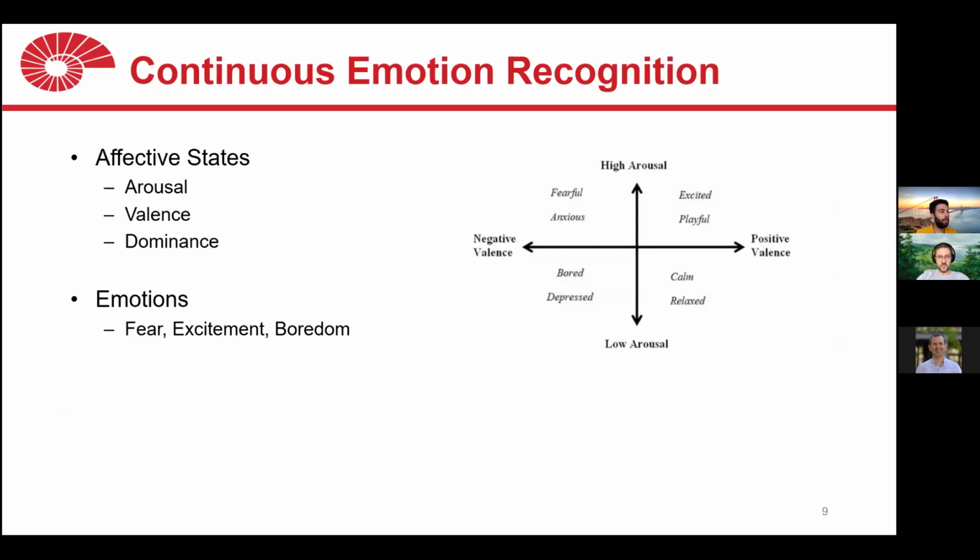In this work, we consider only arousal and valence, and on the right, I depicted how emotions reside in this two-dimensional space. Basically, the emotions are a portion of this two or three-dimensional domain.